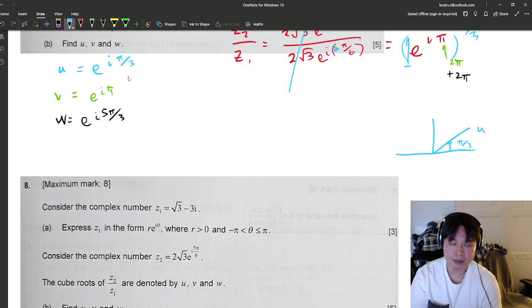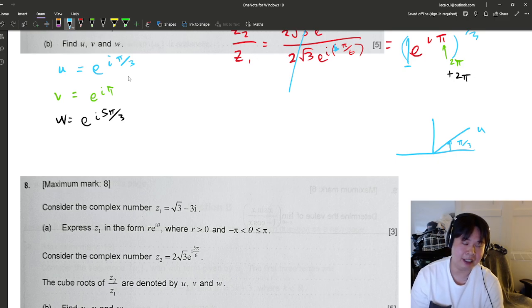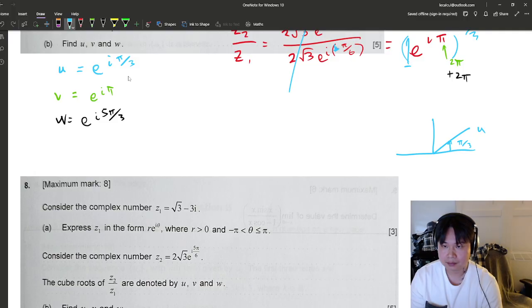Now, if we multiply U with another U, we take the modulus, which is 1, and multiply it by another U. So U times U, or U squared, and then all you're doing is just rotating around another pi over 3.